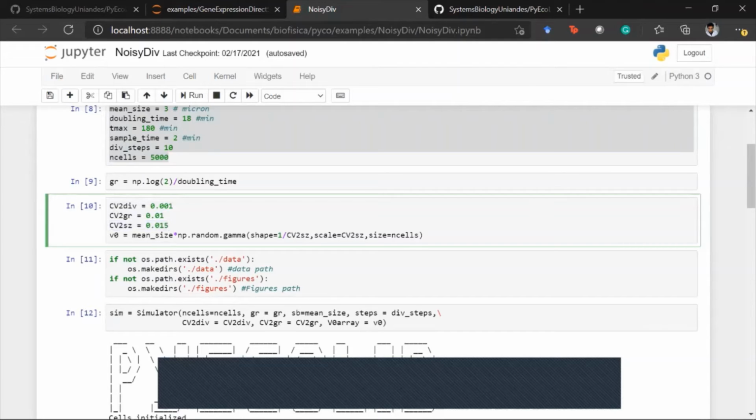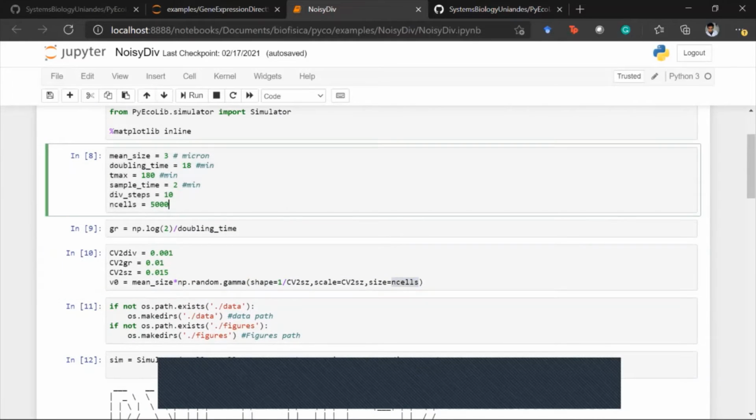So you can produce this array of starting sizes as random numbers with a gamma distribution, with this shape parameter and this scale parameter that come from this CV squared, and with the number of cells you are simulating, in this case 5,000.